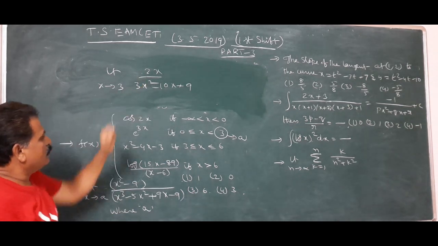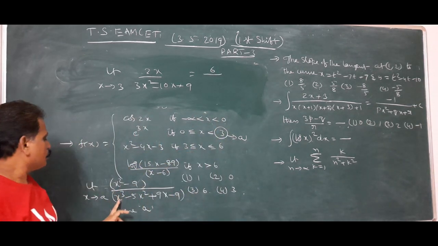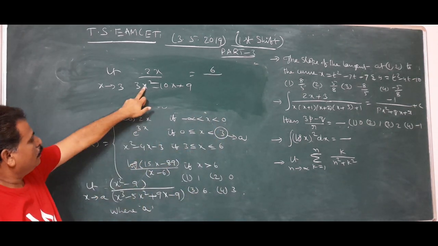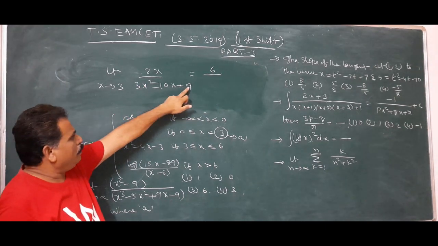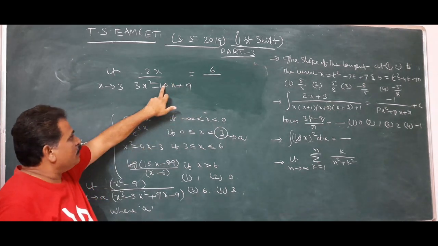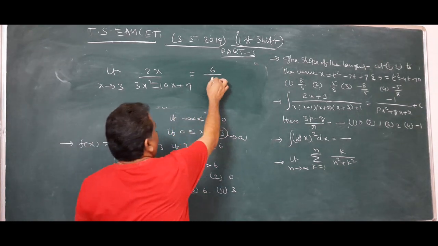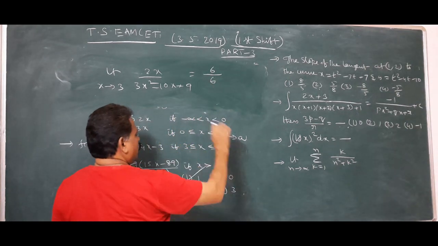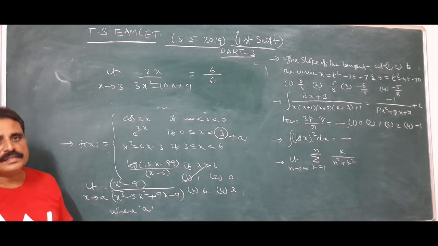That means 6 by 9 into 3, 27. 27 plus 9, that is 36. 36 minus 30, that becomes 6. 6 by 6, that value is 1. First option is the right answer.